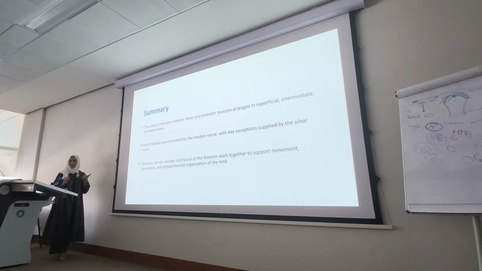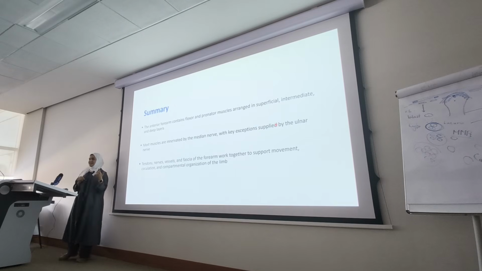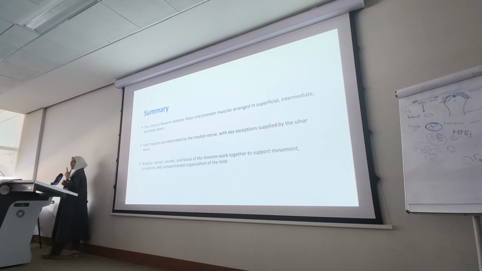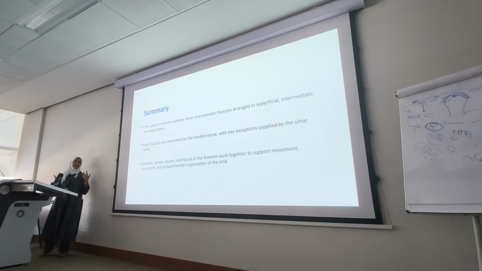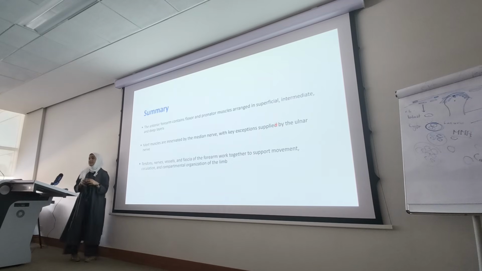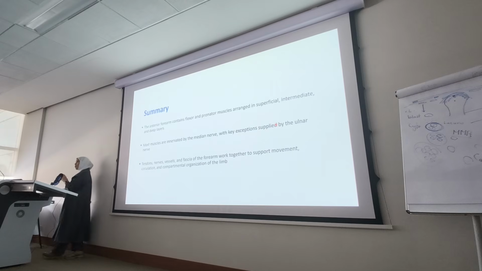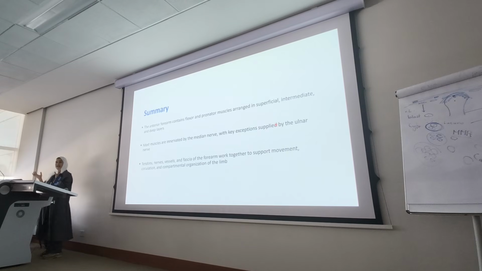The flexor carpi ulnaris and parts of the flexor digitorum profundus. Good, and the ulnar half of the flexor digitorum profundus. Sorry, wow, now I'm getting confused. Flexor digitorum profundus, good. And so knowing the positioning of the nerves and the vessels, that's also quite relevant so that you know what these muscles are supplied by, and you can also appreciate what happens when things go wrong.